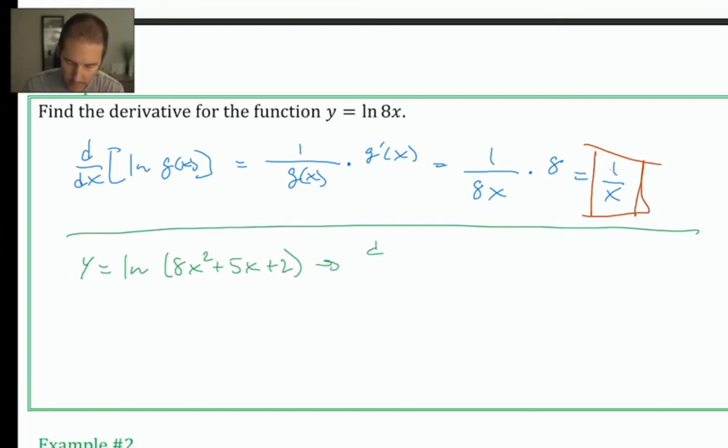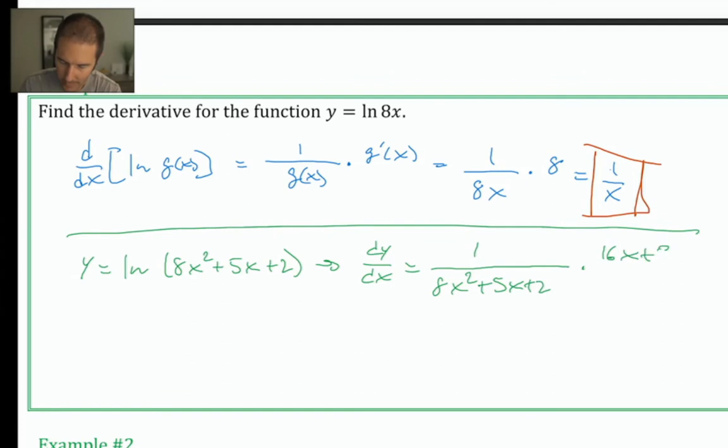Then our derivative with respect to x would equal 1 over the entire original function, 8x squared plus 5x plus 2, times the derivative of that function, which is 16x plus 5. Nothing's going to cancel here. That 16x plus 5 slides over into the numerator position. And that would be your derivative.